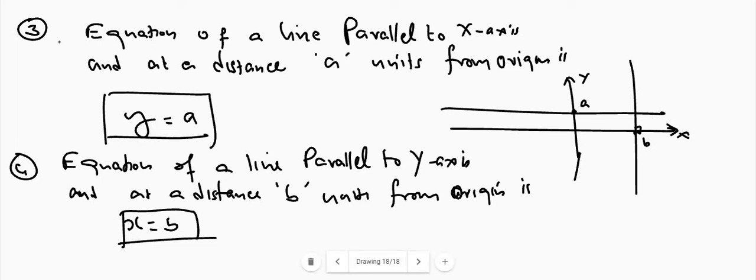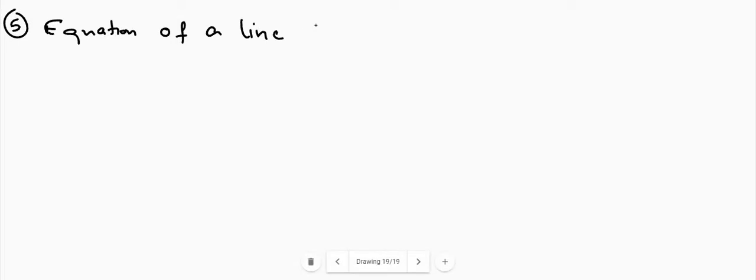Okay, next, number 5, equation of a straight line which passes through the origin.